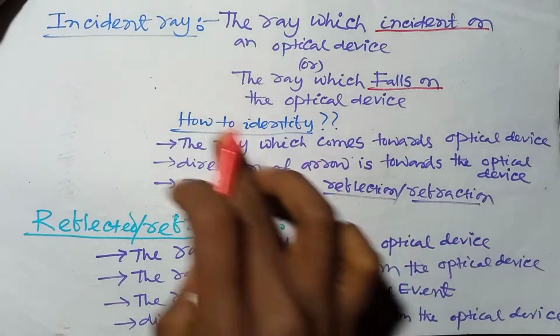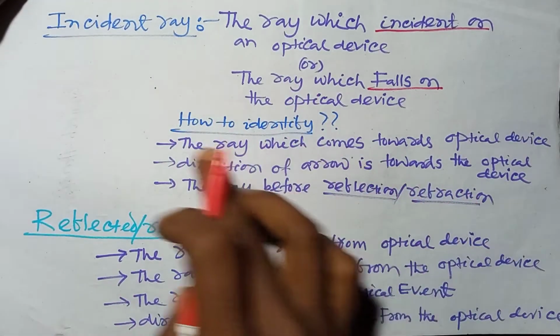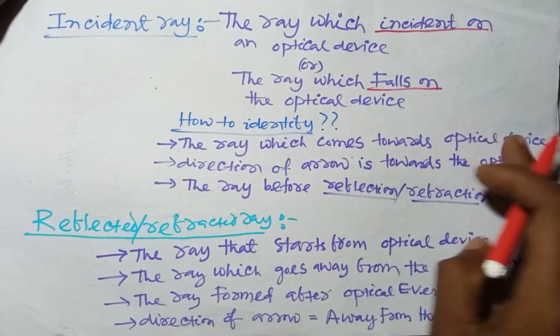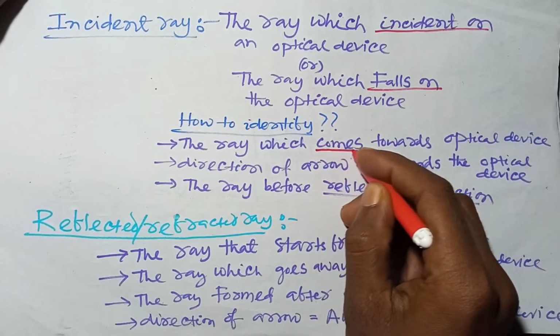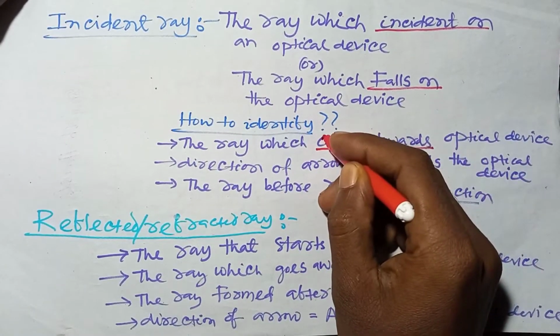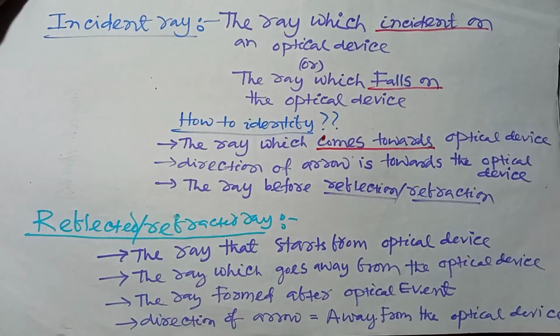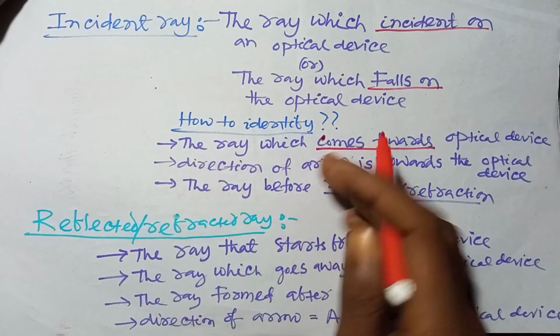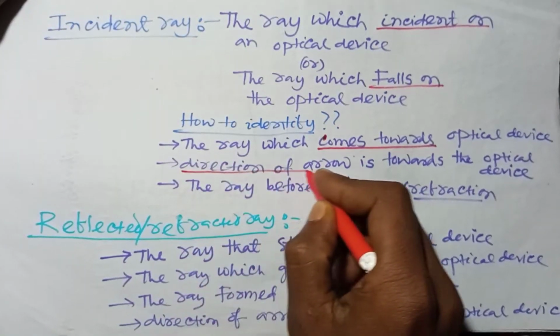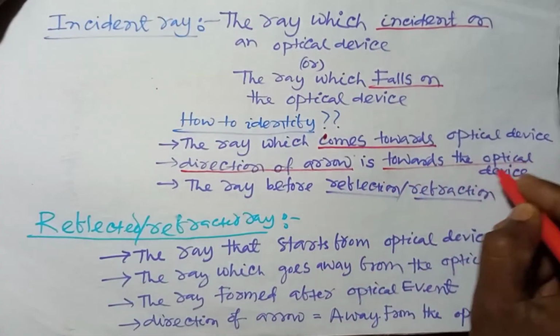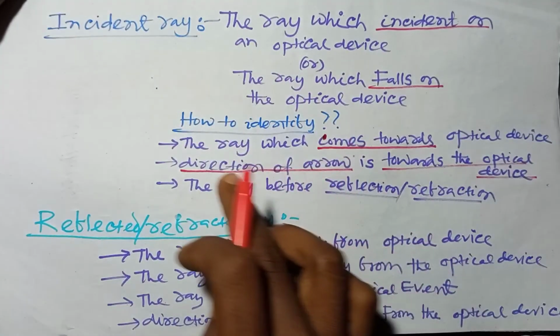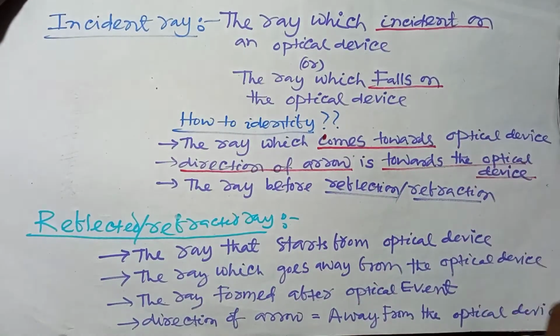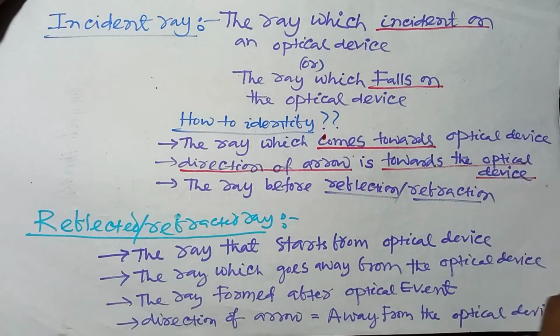So how to identify it? The ray which comes towards an optical device is the incident ray. In this case the direction of the arrow is towards the optical device. Again, the optical device can be a mirror, lens or any other reflecting or refracting surface.